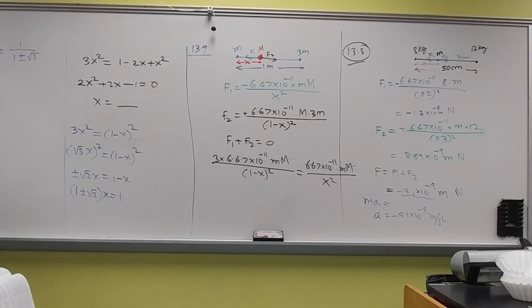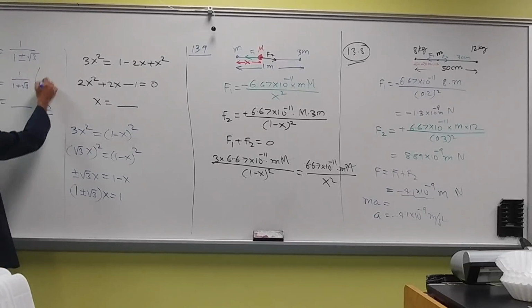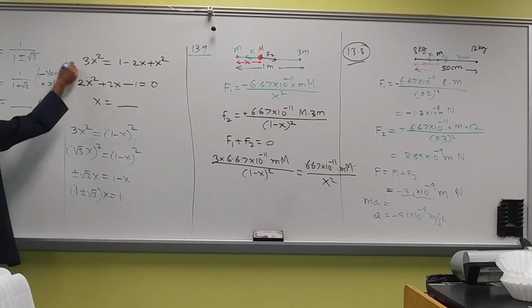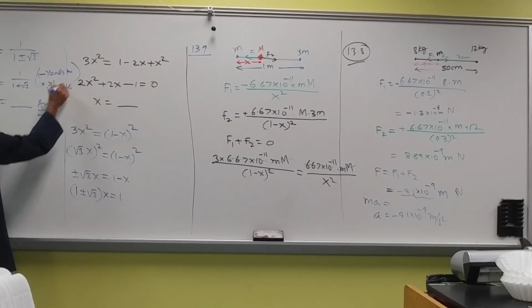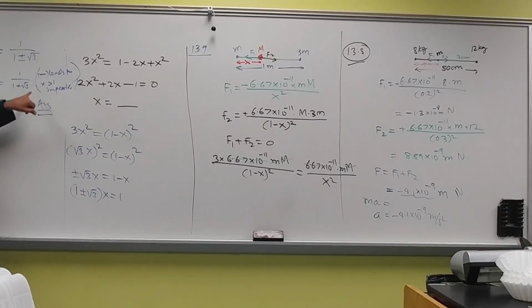No. Are you following? That's why choose positive. So this is 1 by 1 plus square root of 3, and this will be your answer. Because here negative leads to x greater than 1. Did you understand? Yes.